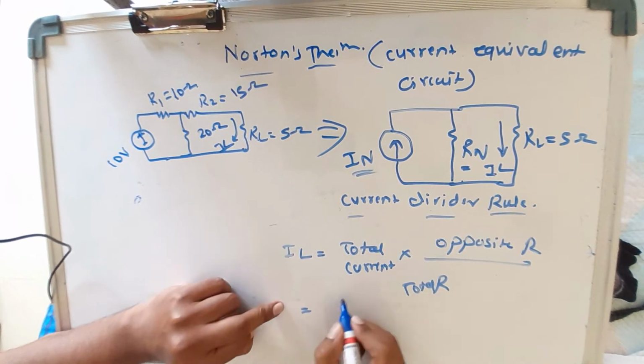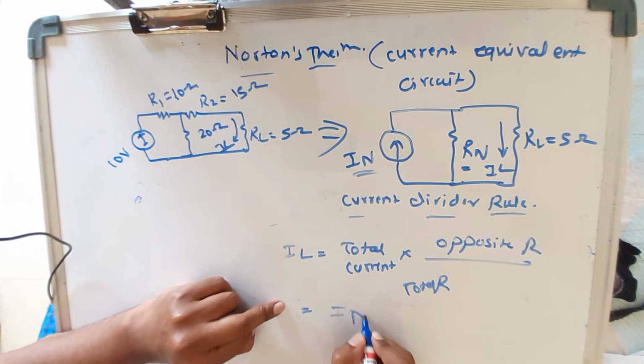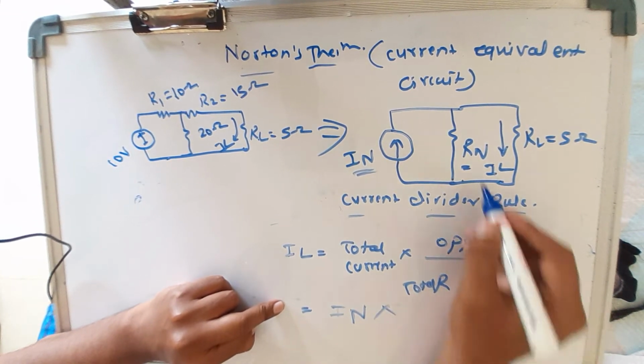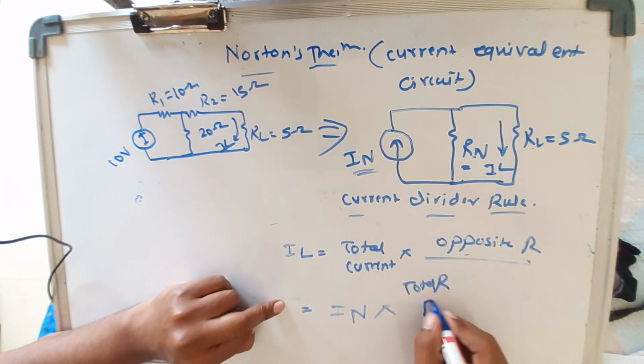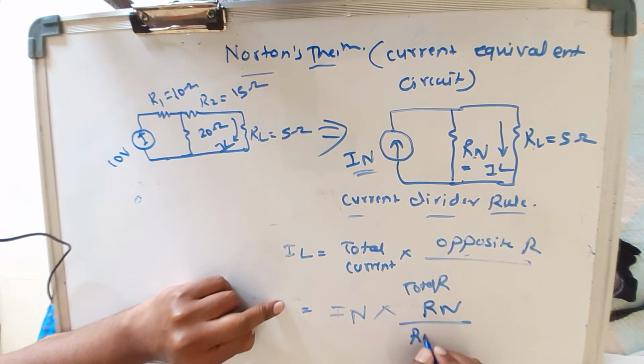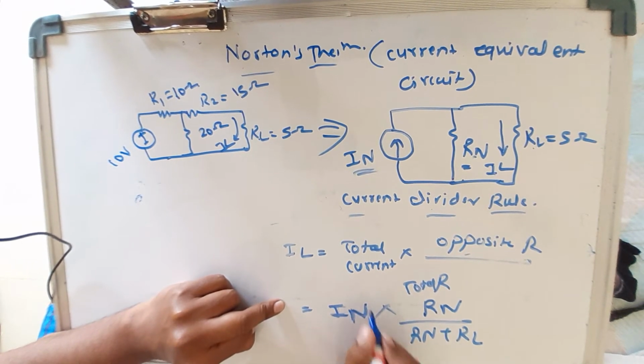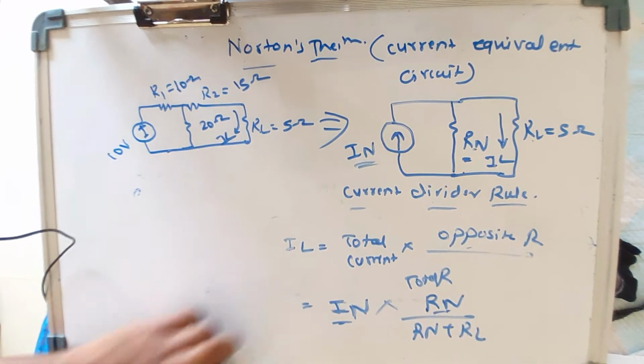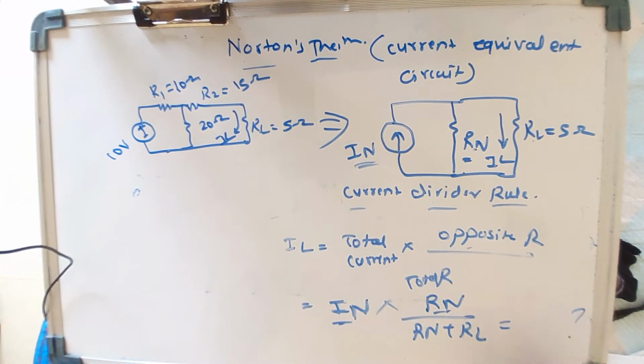So here I_N you have to find out, into opposite resistance for R_L, which is R_N divided by R_N plus R_L. So you have to find the value of I_N and R_N. You will get the results here by using Norton's theorem.